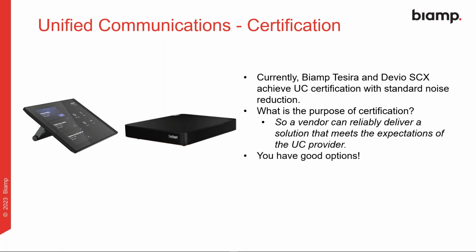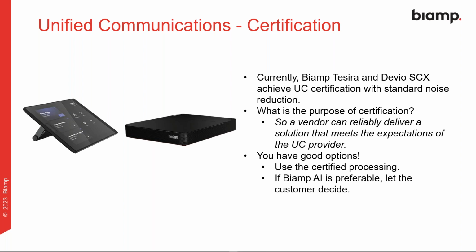So actually, you have pretty good options available to you. If you need to deliver a system that is absolutely rubber stamped and certified, do that. You can disable AI, no problem, use the standard one. And if the user's happy and you're happy, then great. If you found that the Biamp AI is preferable, having it enabled gave you the best sound for that particular design in that room, then it's up to the customer to decide what they want to do.